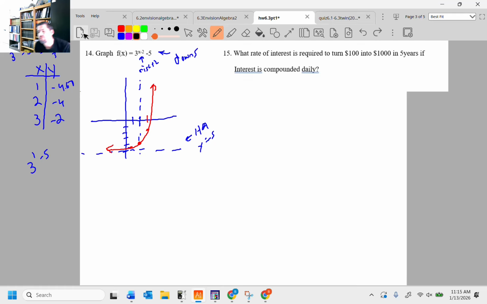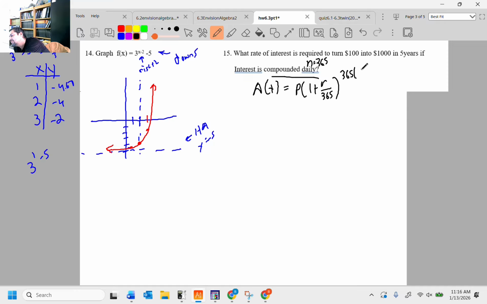What rate of interest is required to turn $100 into $1,000 in 5 years if interest is compounded daily? Because I saw that daily thing, it's got to be the compound interest formula. That is telling me there's 365 days in a year. That's n. The exponent is going to be 365 times t, which is 5.